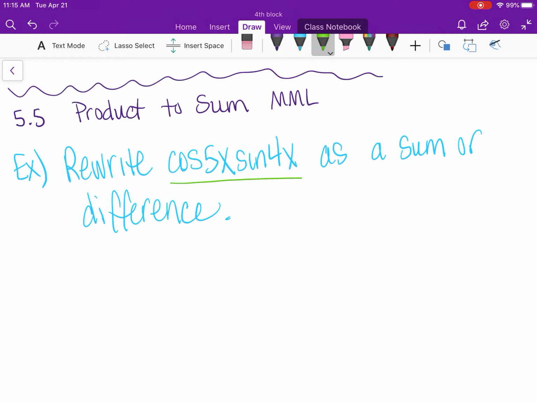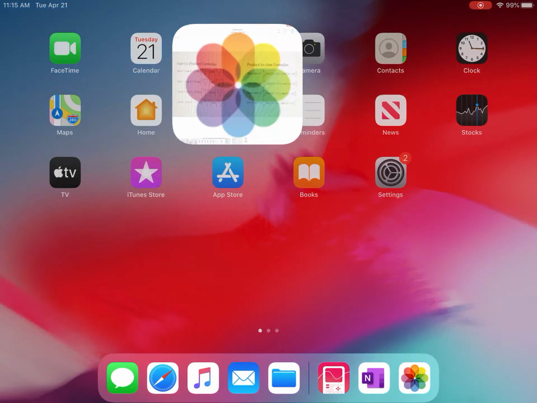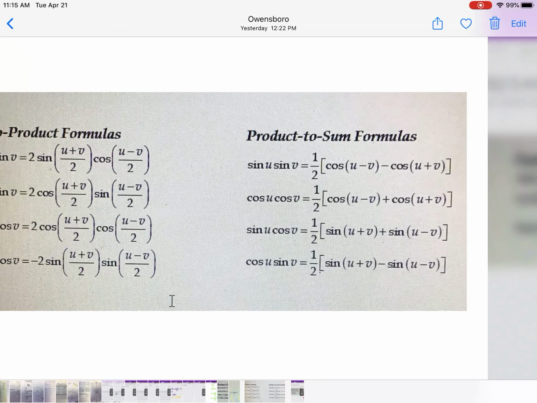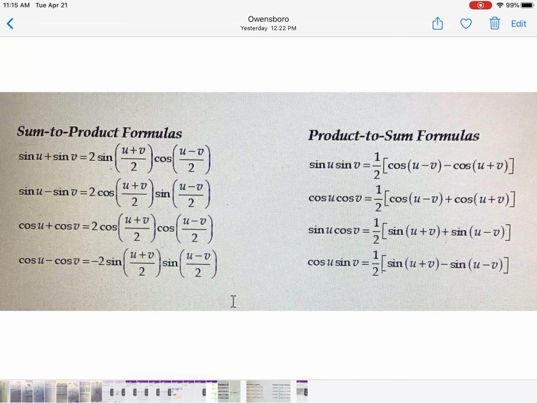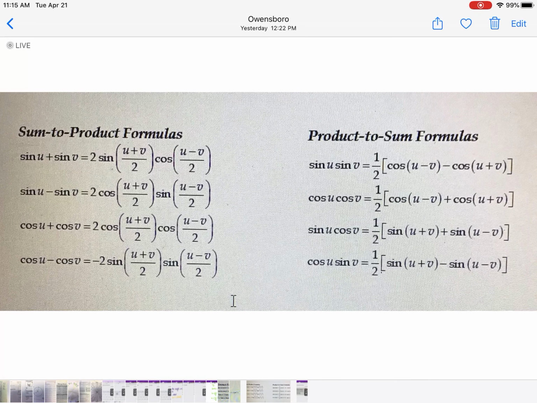So we want to pay attention to this. Okay. And right now it's a product. So I'm going to go product to sum. So when I look at those formulas, I'm actually looking at this set here. And we have a cosine times the sine. So that's going to be the last one.